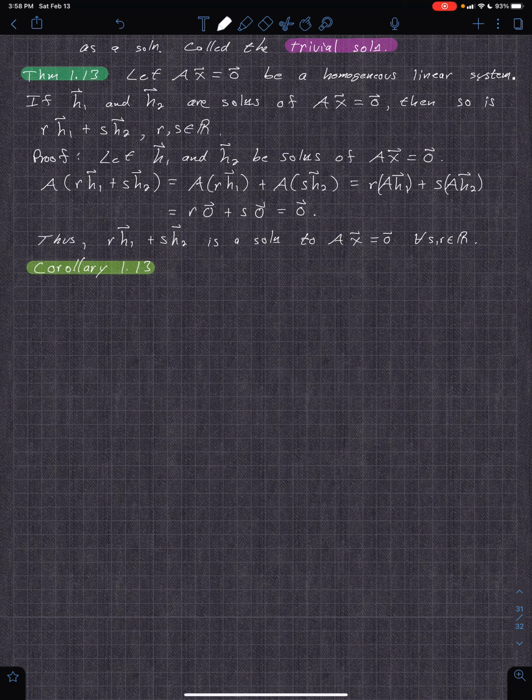I just did that in words, and I believe they do too in the book. So every linear combination of solutions of a homogeneous system AX equal to 0 is again a solution.